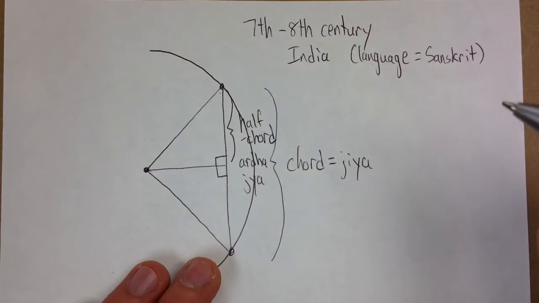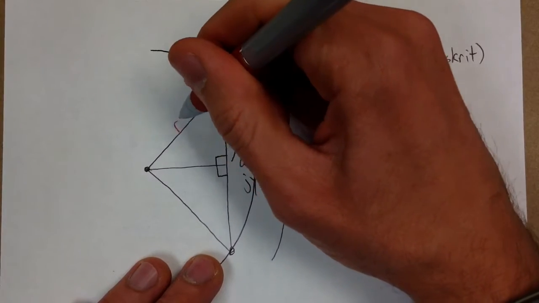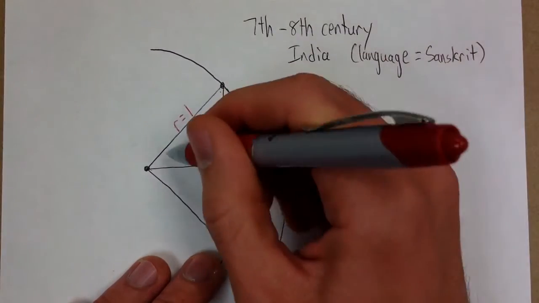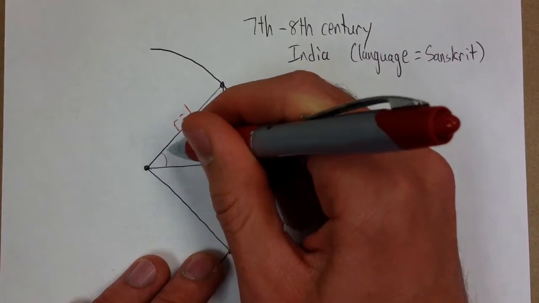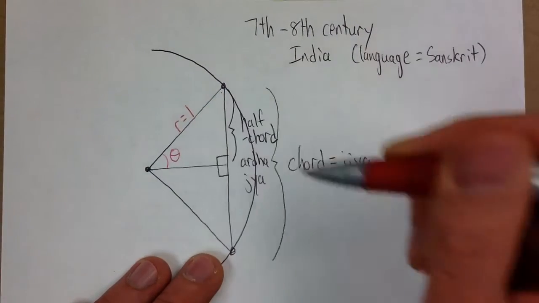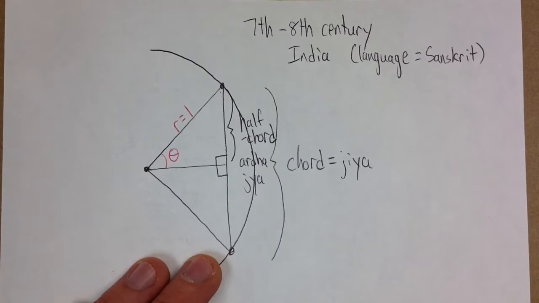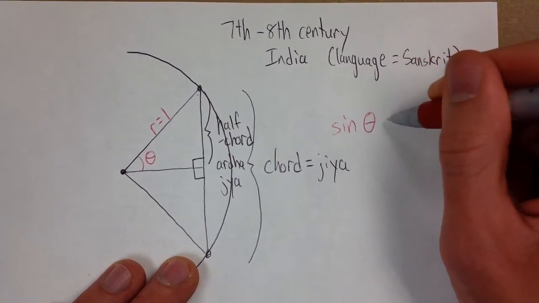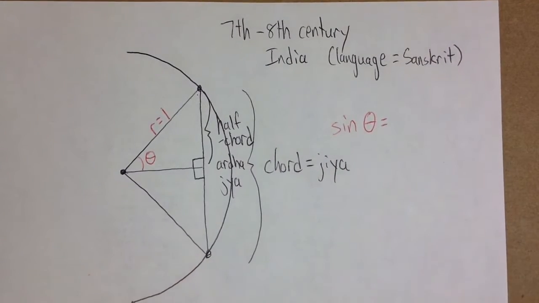Well, if we make this circle simple and give it a radius of 1, and if we call this our angle of interest, theta. Tell me, what is sine of theta? In general, based on what I taught you before, or what you learned independently.